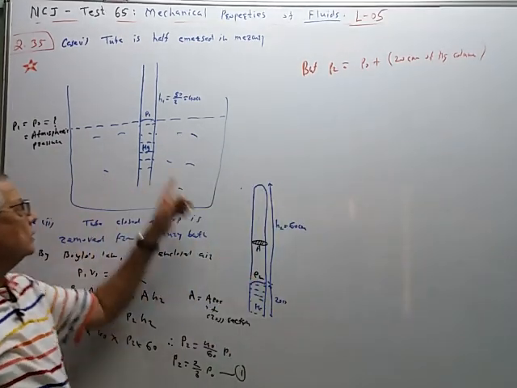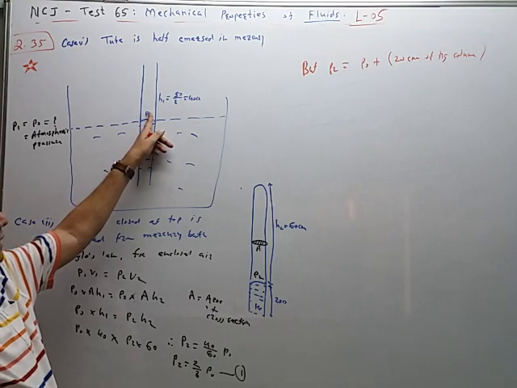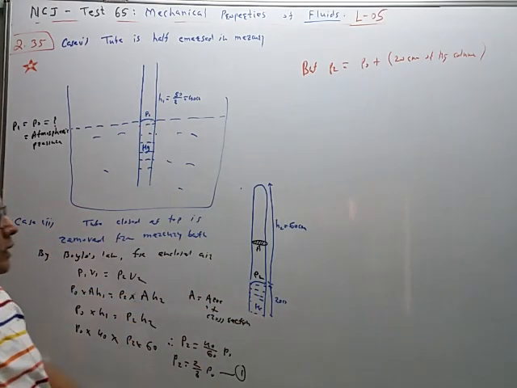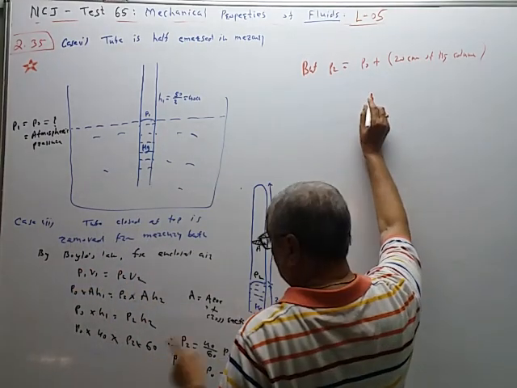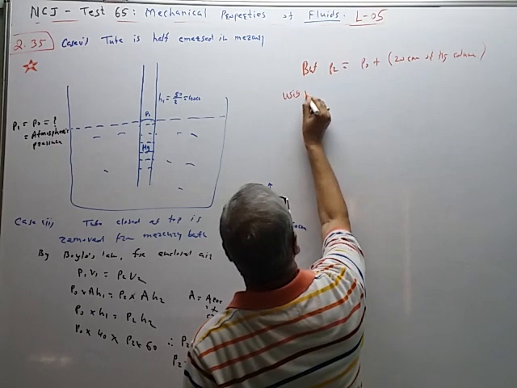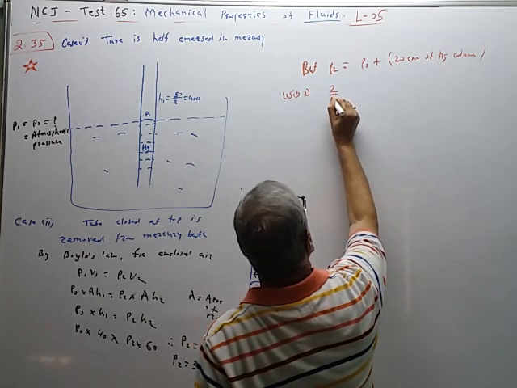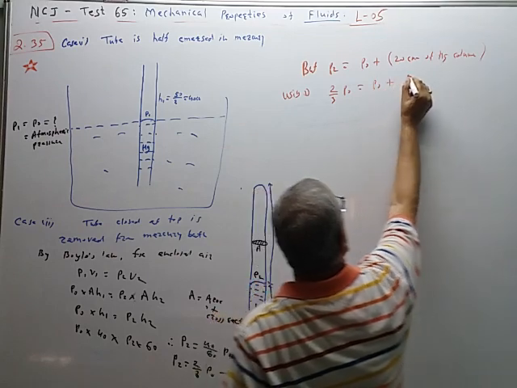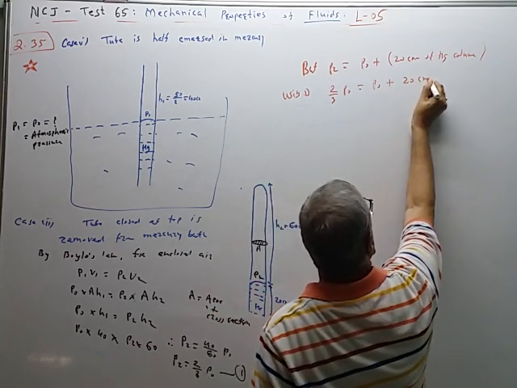This P2 is P0, that is P1, and in addition this 20 centimeter column is also balanced. And therefore using equation 1, P2 is equal to 2/3 times P0, equal to P0 plus 20 centimeter.